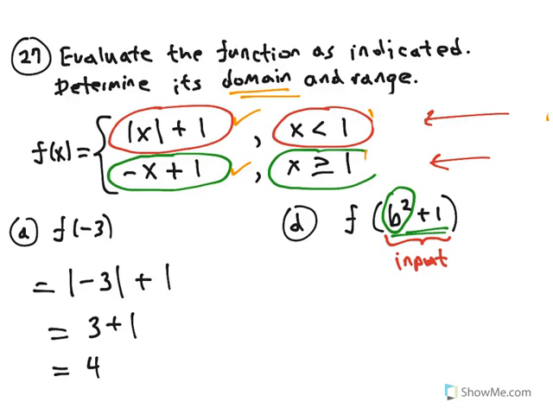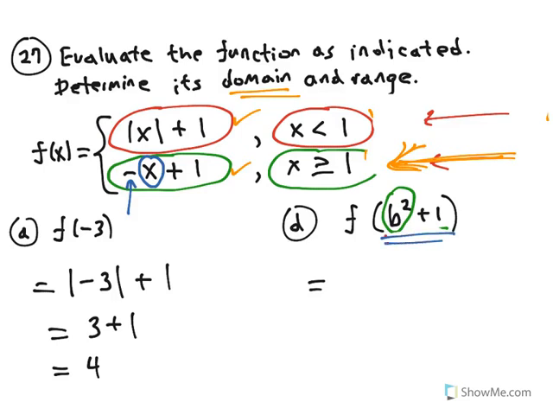So b squared plus 1, the input here, will be greater than or equal to 1, and for that reason, you should use the second rule from the piecewise defined function for the input b squared plus 1. So what do you need to do? If you look at the second rule, it says whatever the input is, multiply it by -1, and then add 1.